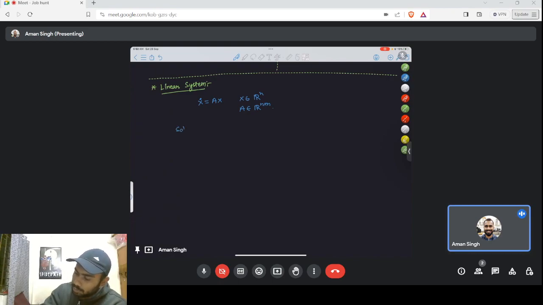Its solution was x at time t is given by e to the power At times x naught, where e to the power At is equal to this Taylor expansion of the matrix in the power of the exponential.